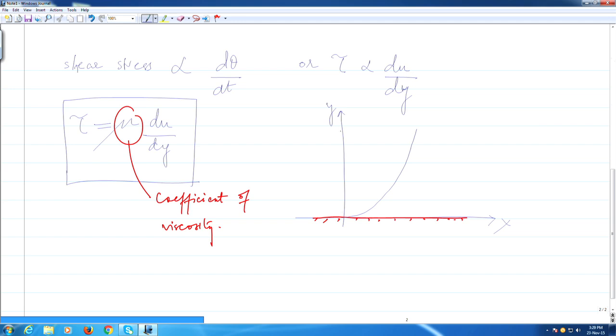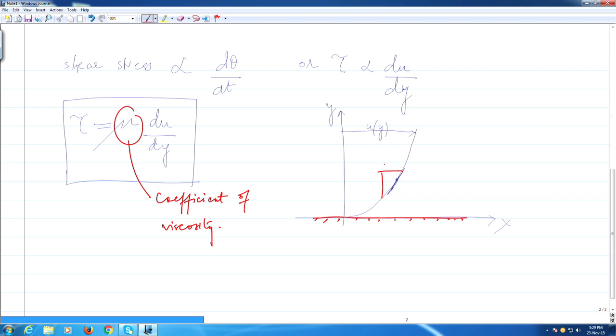And here this bit is nothing but the velocity, and this depends on the y offset. Now if I take a point here and I'm trying to understand the slope of that, I kind of exaggerate that.